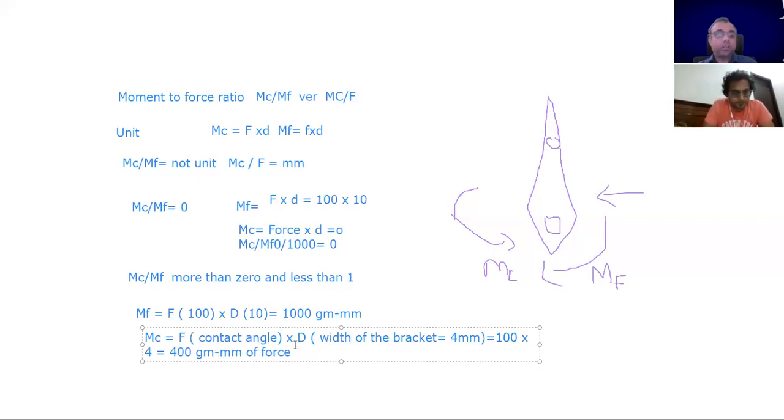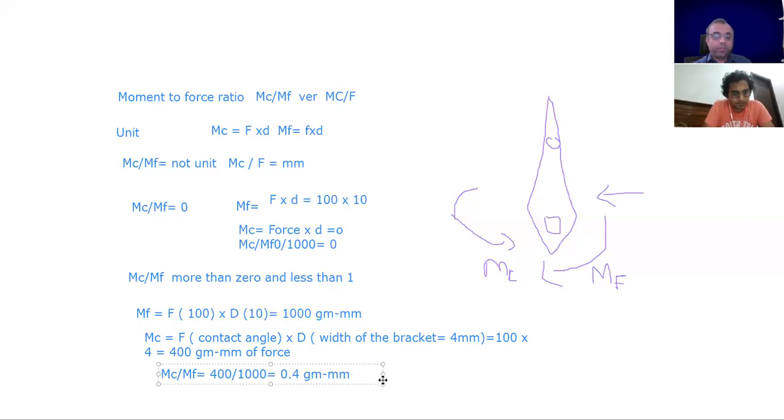So in the equation, MC divided by MF, 400 divided by 1000 is equal to 0.4.